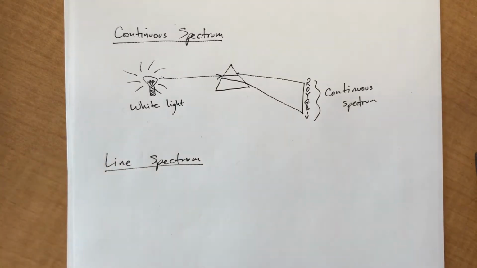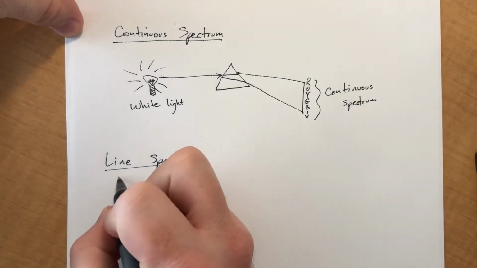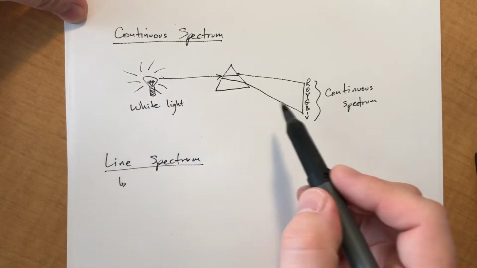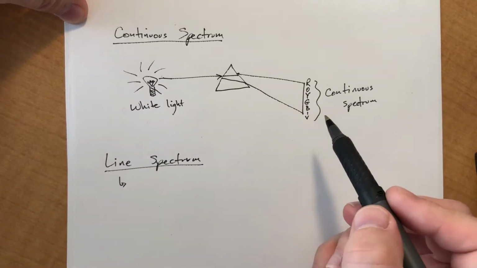So the idea is that if you hit an atom with a source of energy, like light or heat or some sort of chemical reaction, it can emit light, but it doesn't emit a continuous spectrum.